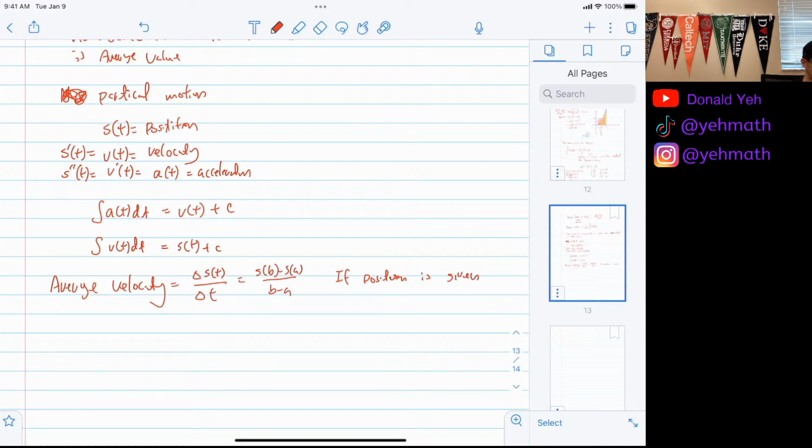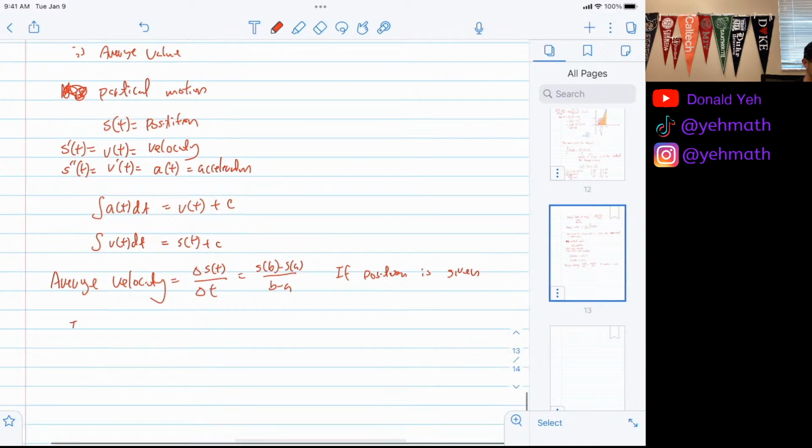However, what if the velocity function is given? Then average velocity is equal to what? Yes. The average value of what? Exactly.